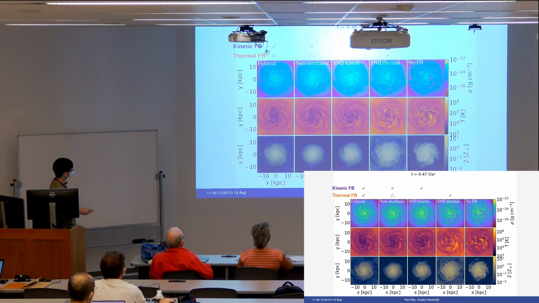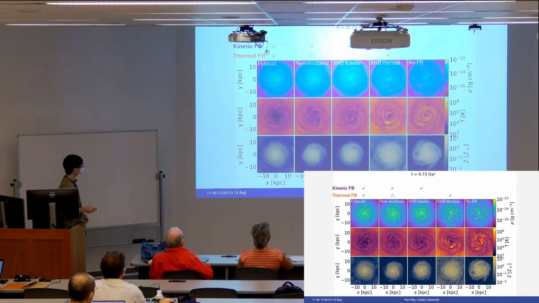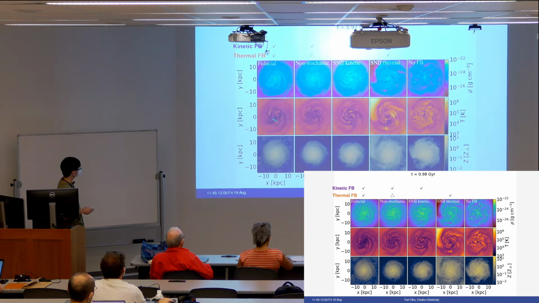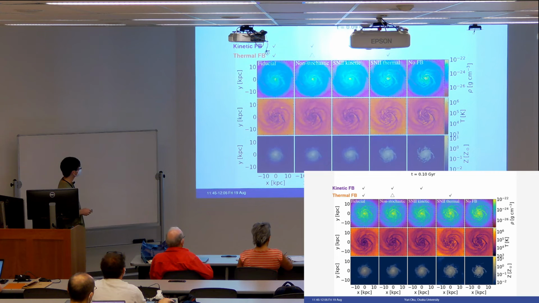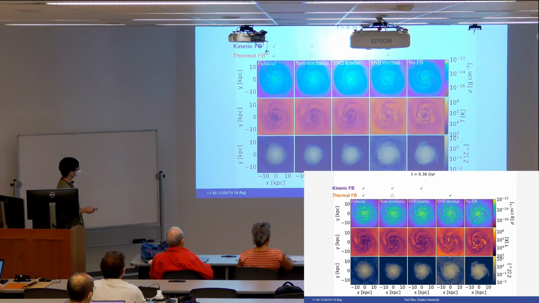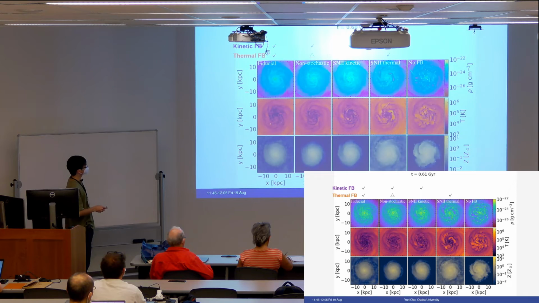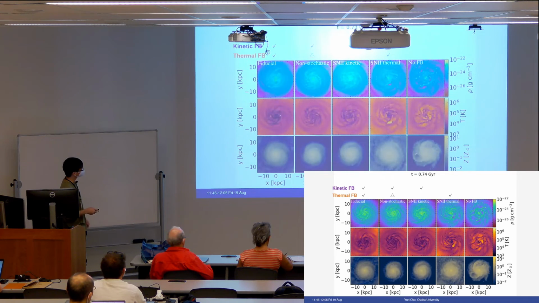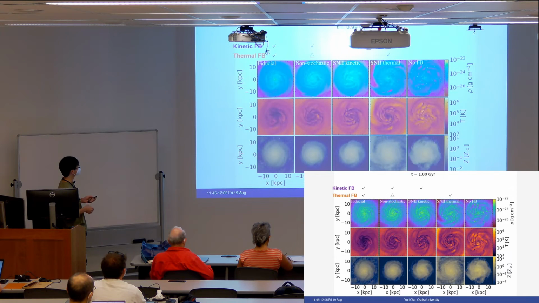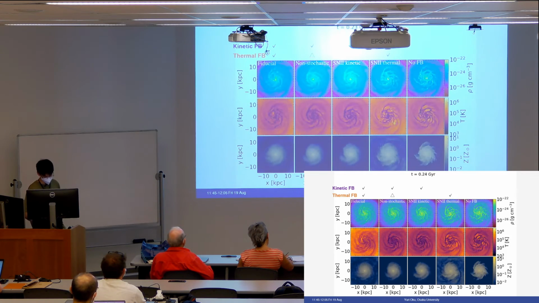This top row is density, temperature and metallicity. In these 2 cases with stochastic thermal feedback, we can see bright points for hot bubbles formed by stochastic thermal feedback. And in these 2 cases without kinetic feedback, the galactic disk becomes clumpy, which suggests that the kinetic feedback drives turbulence and supports the galactic disk against gravitational instability.